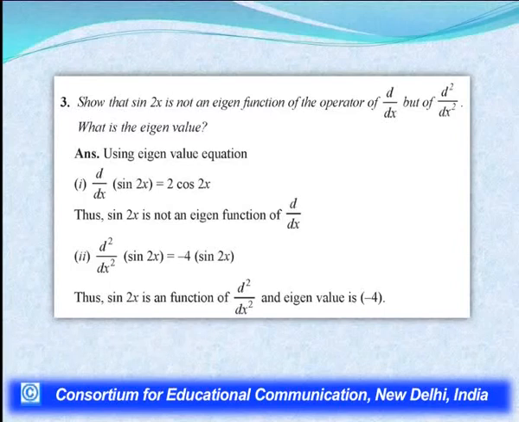When d by dx is applied on sin 2x, on differentiation, sin gets converted into cos, and the constant 2 will also come out. So the answer is 2 cos 2x. Because sin 2x is converting into cos 2x, the function doesn't remain as such, thus it is not an eigenfunction.